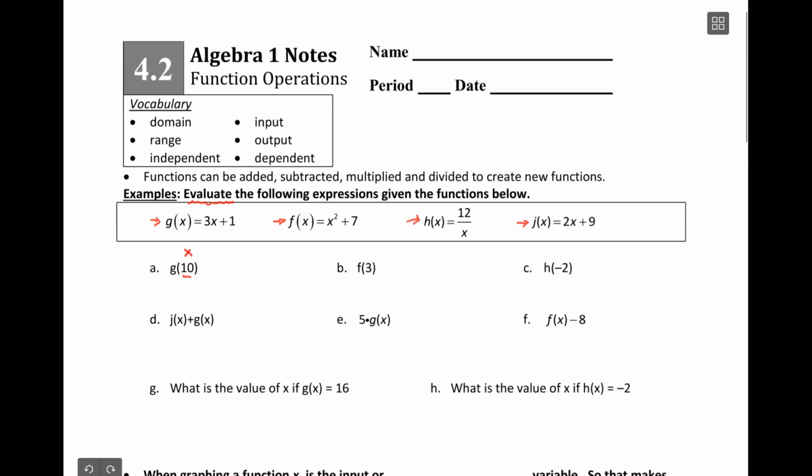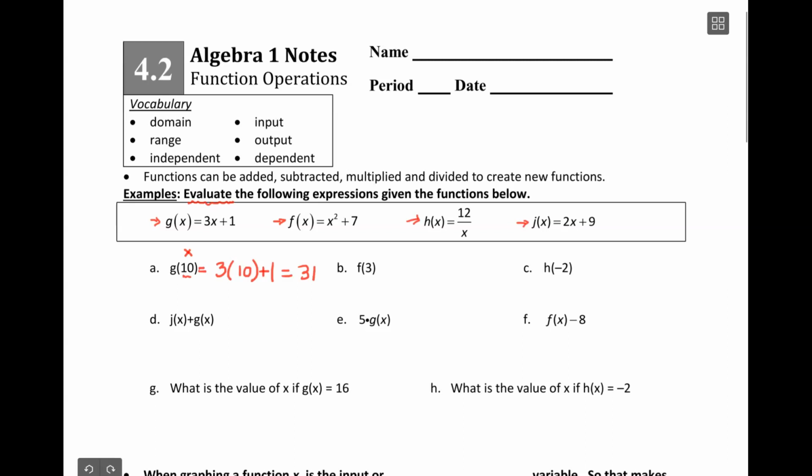So I'm going to find function g, which is the first one, and I'm going to replace any x's with a 10. It's really that simple. So I've got 30, 3 times 10 is 30 plus 1. That would be 31. That's what it means to evaluate a function.